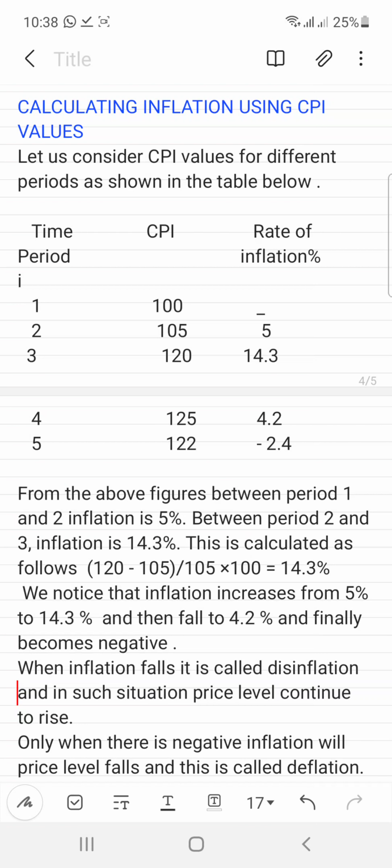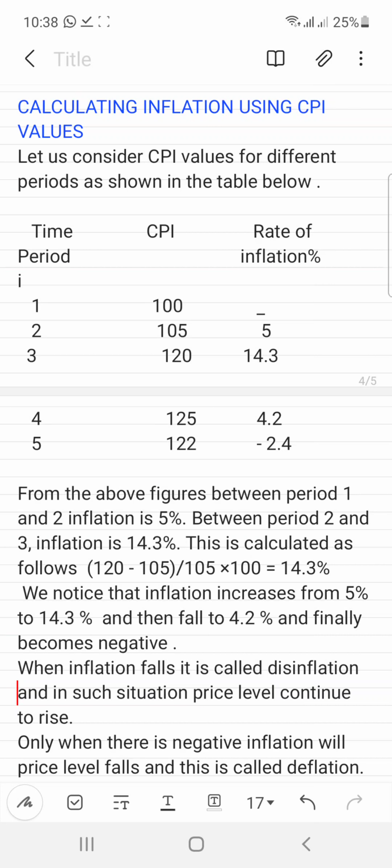Now, what happened during period 5? During period 5, the rate of inflation is negative. When we have negative inflation, it means that there is deflation. Deflation is a period when prices in general are falling. So in period 5, we have deflation, which means that prices are falling.